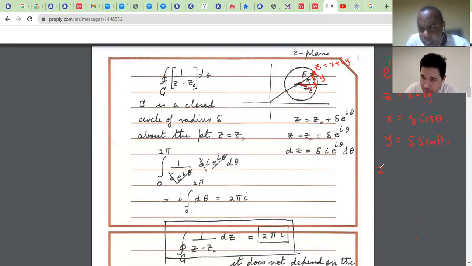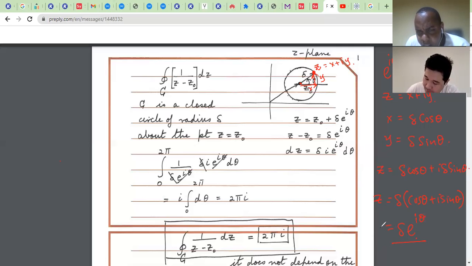So the point z becomes delta cos theta plus i delta sine theta. If you factor out the delta, you get delta times cos theta plus i sine theta, which becomes delta e to the i theta. So that's how we are getting it.